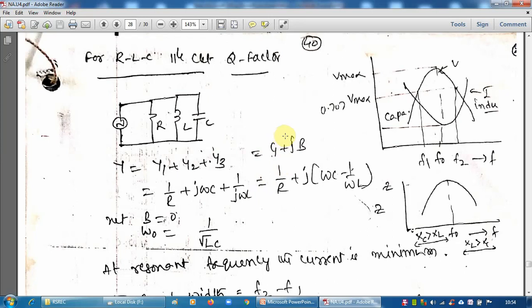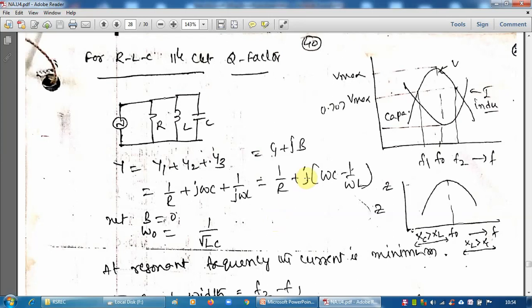In that V by Z, 1 by Z is equal to Y. Just now I said 1 by Z, the reciprocal of impedance, equals Y. So if 1 by Z is written as Y, then I equals V into Y.